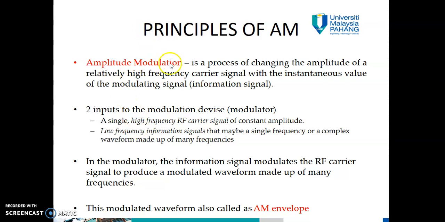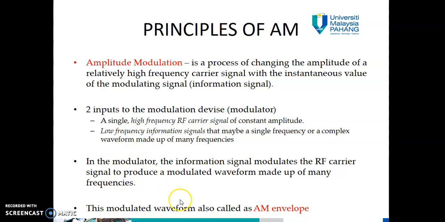So right now, the principle of amplitude modulation: you have two inputs. Two inputs means your information signal and the carrier signal. The carrier has high frequency, the information signal has low frequency. Then you combine them in the modulator.